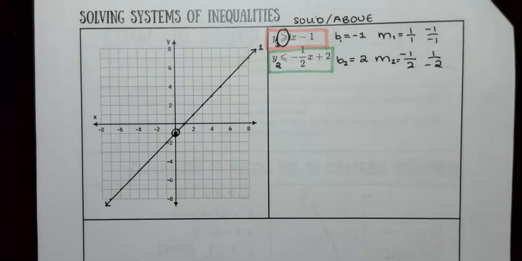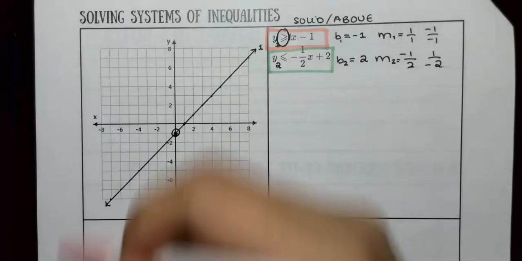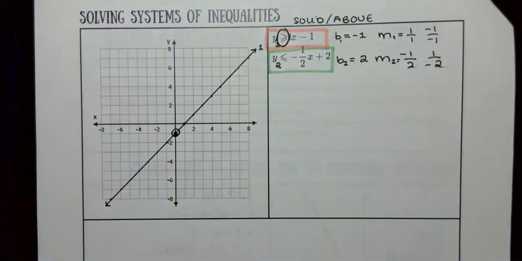So what I'm going to do is take whatever color I'm using for that line. Not only am I going to color code the line, but I'm going to shade everything above. I'm going to use vertical lines. And then you're going to see what I'm going to do with the second one to make that double shaded region more apparent. So let's go ahead and color code the line because it's solid, and then shade everything above.